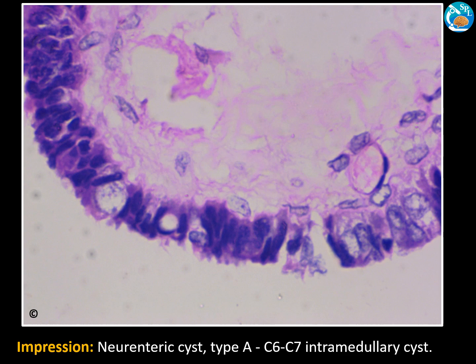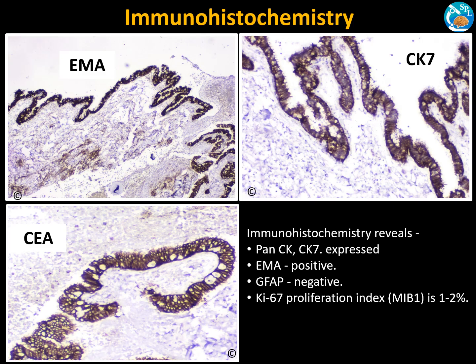So we received slides and block in our lab for the second opinion and immunohistochemistry, and this was again a neurenteric cyst type A of the C6 C7 level cyst. So I will be discussing immunohistochemistry in general for all the cases.